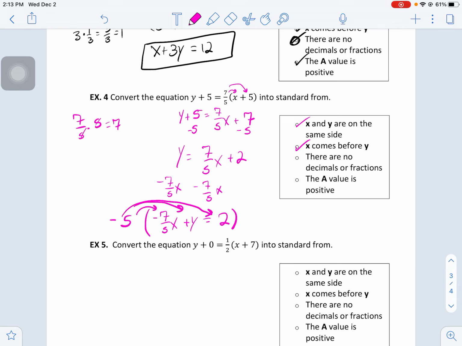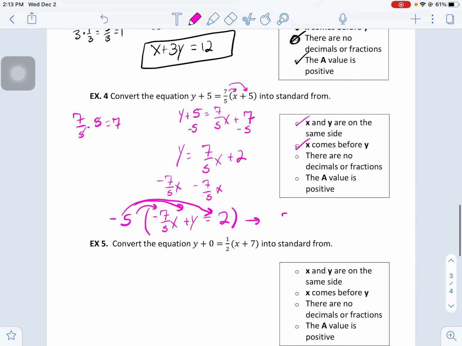So each of these gets multiplied by -5, which is then going to give us positive 7x minus 5y is equal to -10. All right, and we know that that's 7x because -7/5 times -5, the negatives cancel, the 5's would cancel, and you would just be left with 7.